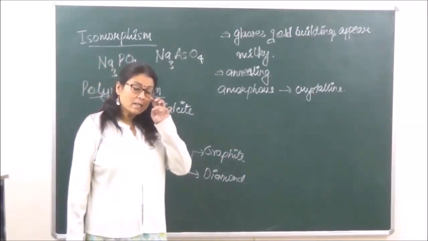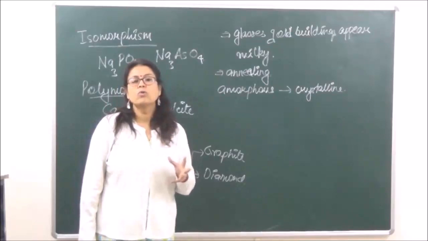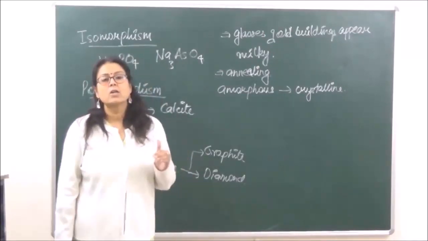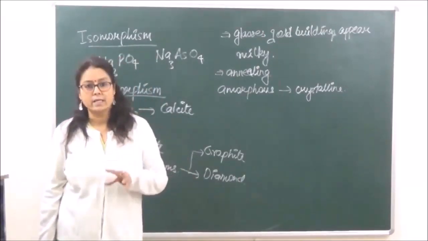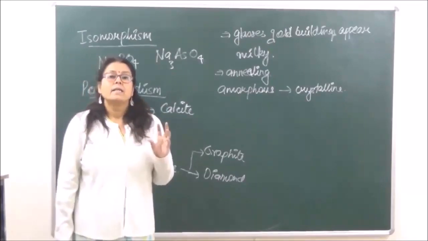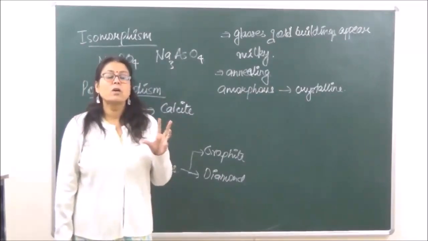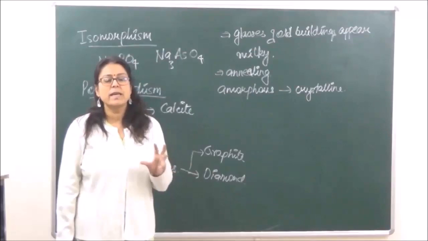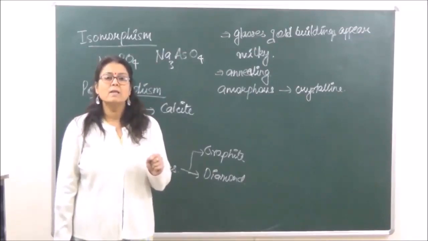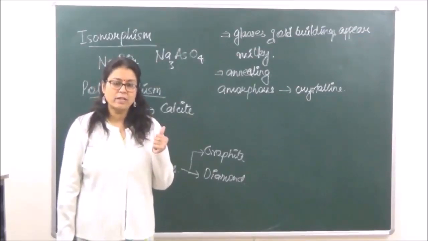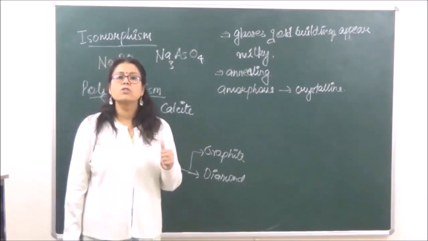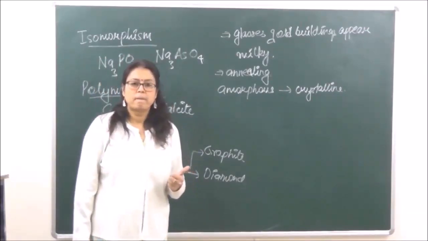Basically, you have done in class 11 why matter exists as solid, liquid or gas. There are two concepts present in any state of matter: one known as the forces of attraction and the other known as the thermal energy.